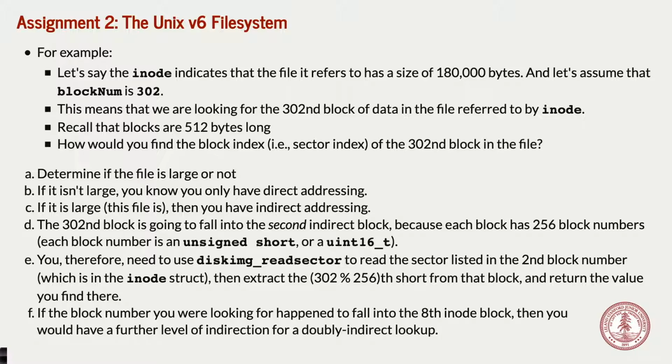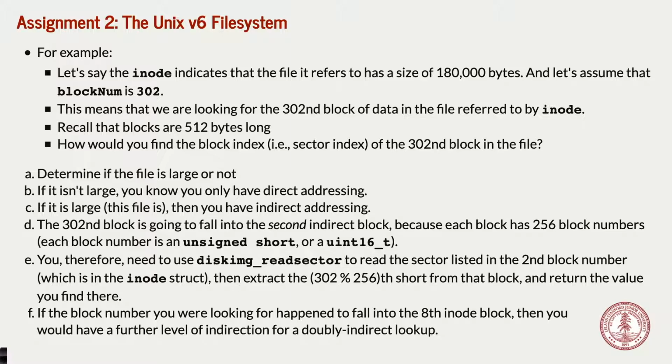In this case, we do have that it's big. The 302nd block is going to fall into the second indirect block. How do we know that? Because each block has 256 numbers. Now, again, I'm using real numbers here. You should be using the constants that are in the file, in case we changed anything. But I'm just doing it as these are the real numbers that will end up happening here.